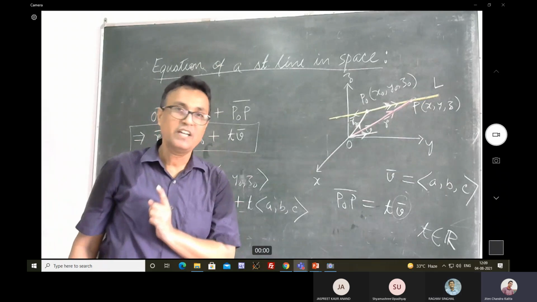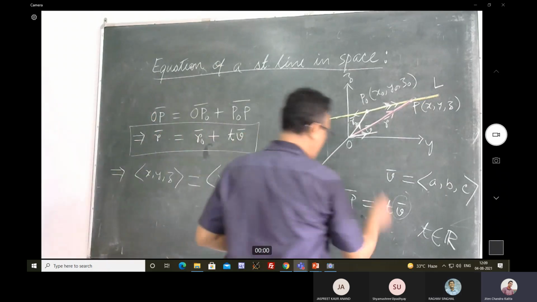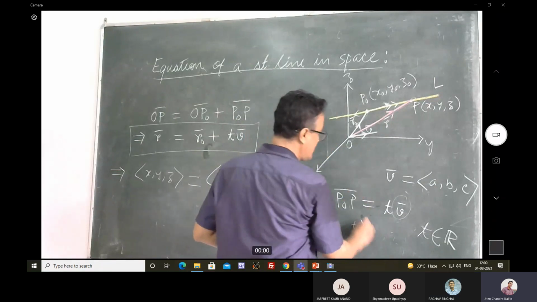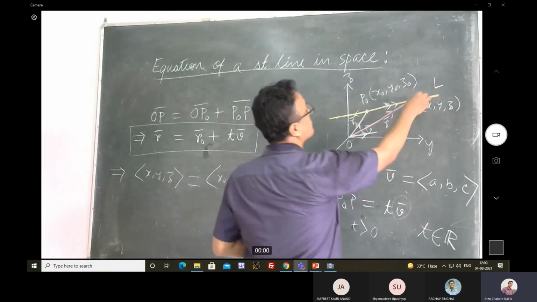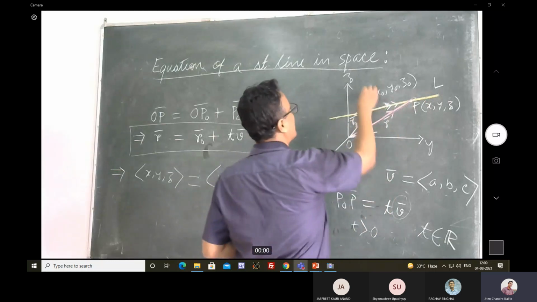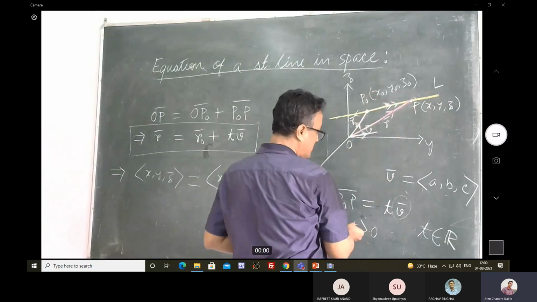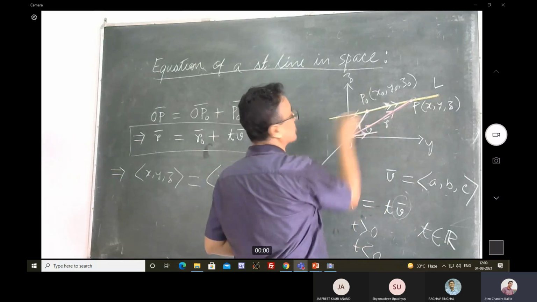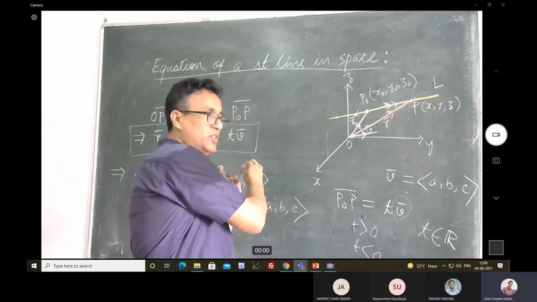So if t is greater than 0, this point P is going to lie on the right hand side of P naught. If t is strictly less than 0, it is going to lie on the left hand side of P naught.